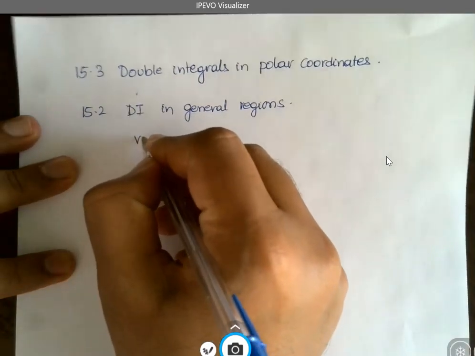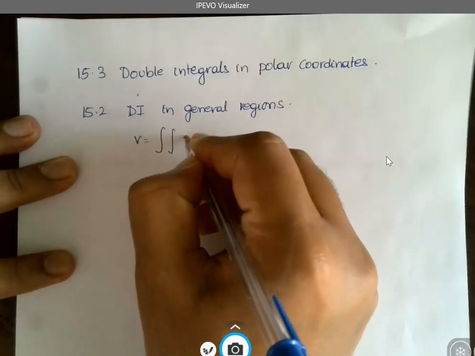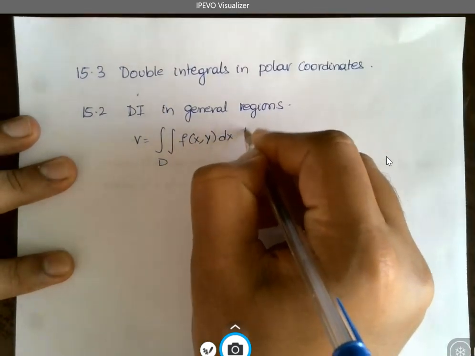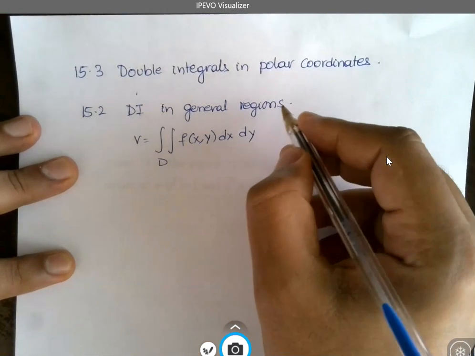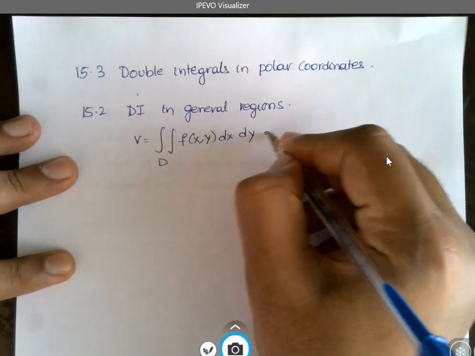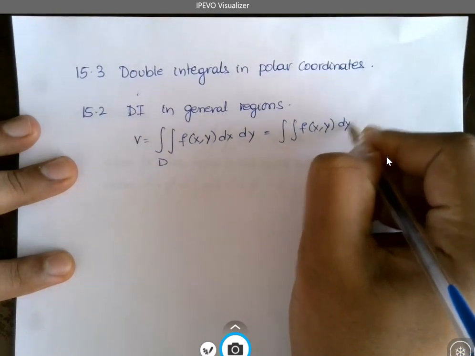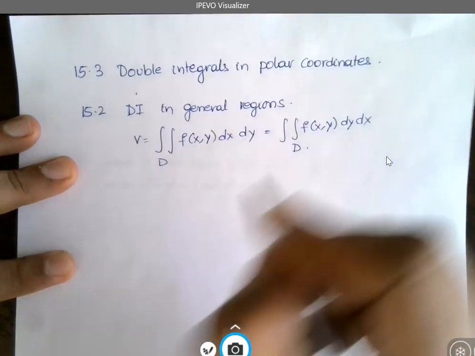When we found the volume, you had a surface f of x, y on the domain, and we found dx dy. Or using Fubini's theorem, we changed the order of integration and got f of x, y dy dx over the entire region D, right?